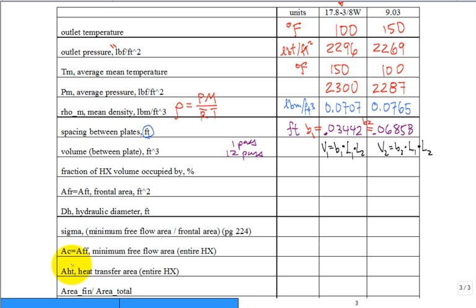So what's the frontal area for fluid 1? Is it 5.9? 5.74 is the frontal area for fluid 1.